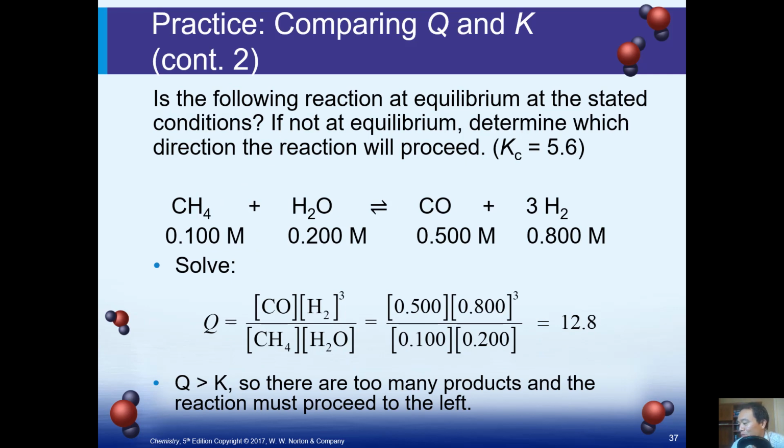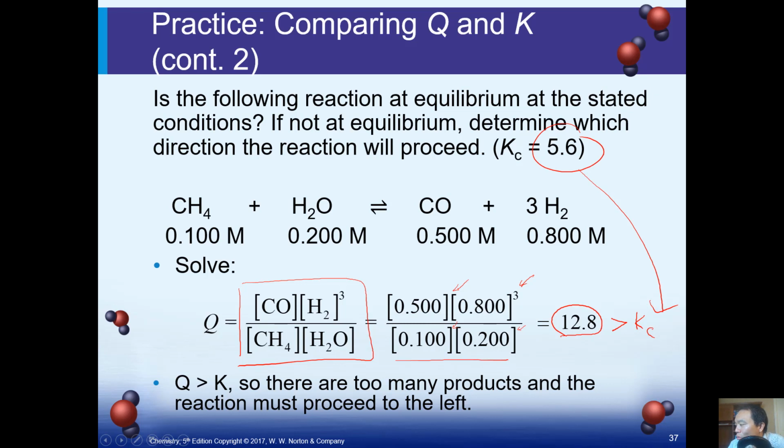Remember, all these concentrations you see over here are current concentrations. They take exactly the same form as the K expression, raised to the corresponding power. So you calculate Q, and you find Q is greater than Kc, which is 5.6. That means you have more products than you need at equilibrium, so the reaction should shift to the left side.